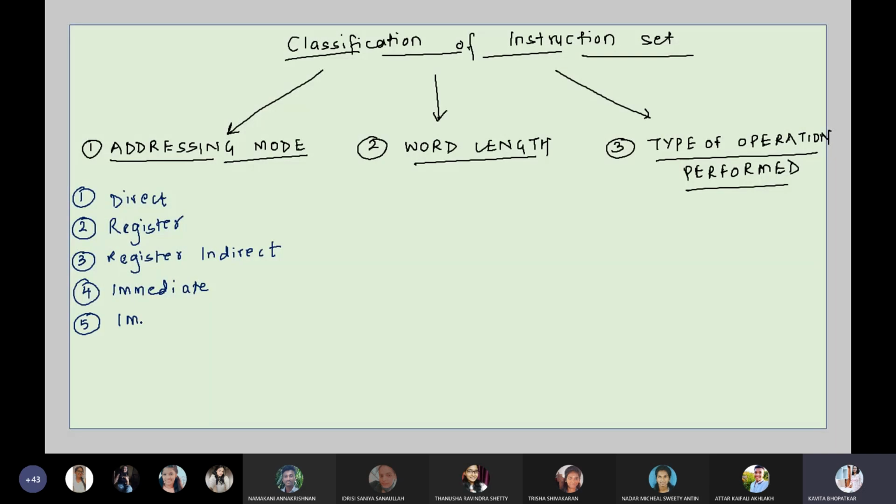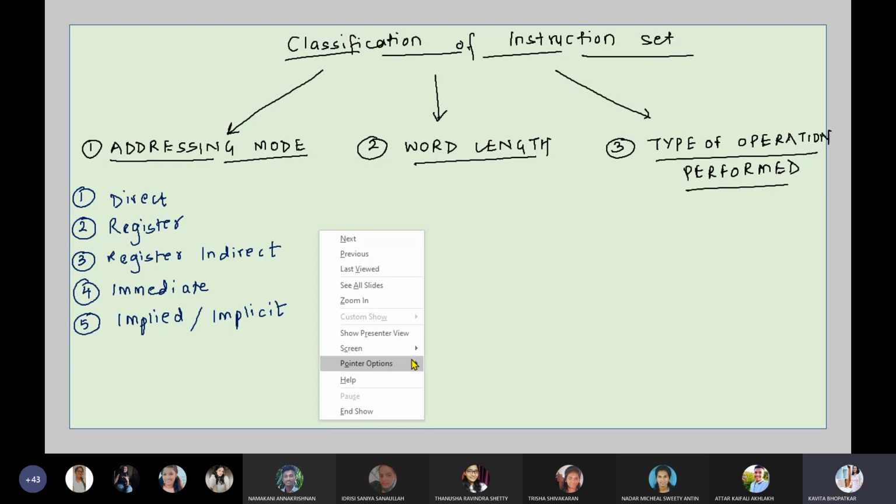And fifth is implied addressing mode, which is also identified as implicit addressing mode. So these are the 5 addressing modes. We will first learn what they are, and how we identify an instruction, looking at it, whether it is direct addressing mode, register indirect, immediate or implied.